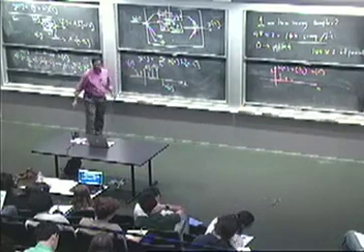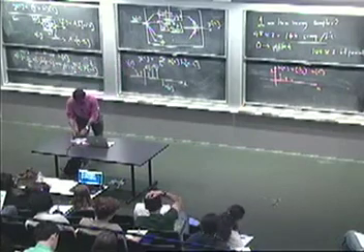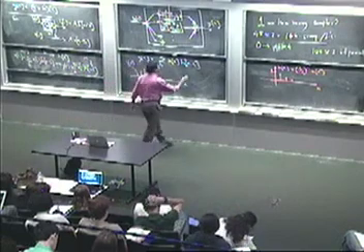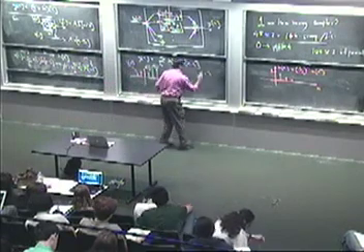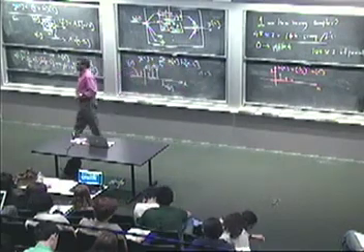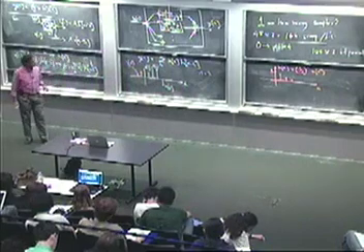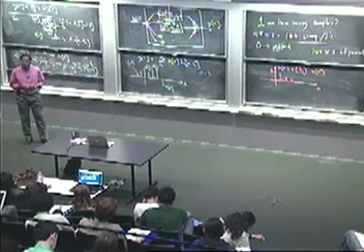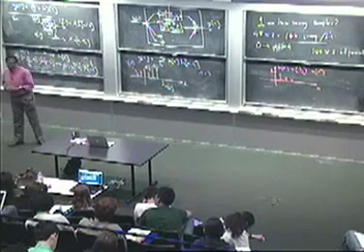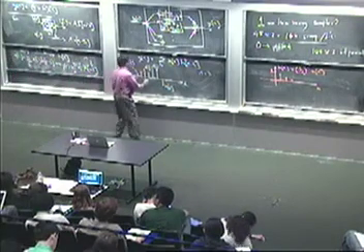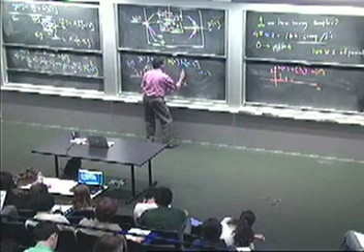What about h of n minus k? Suppose I had n equals 3 now. How do I get h of 3 minus k?